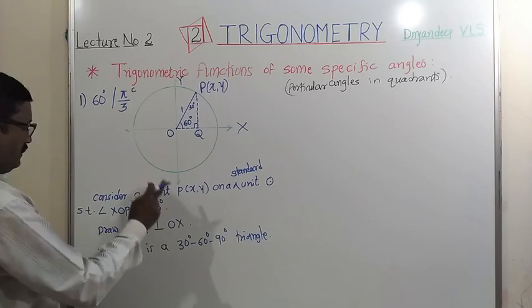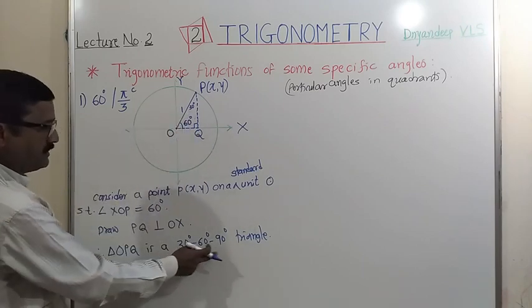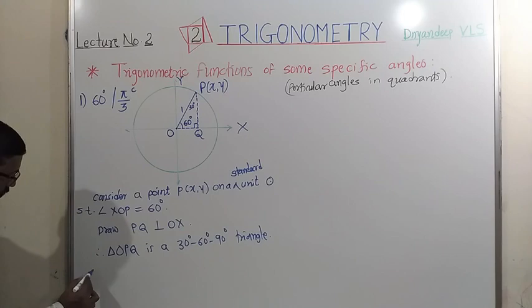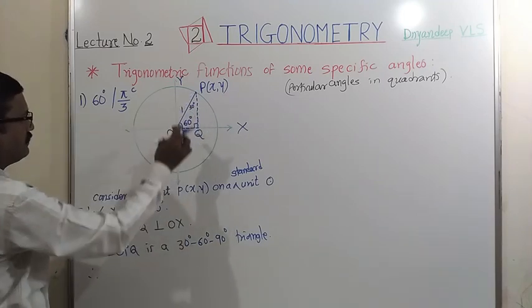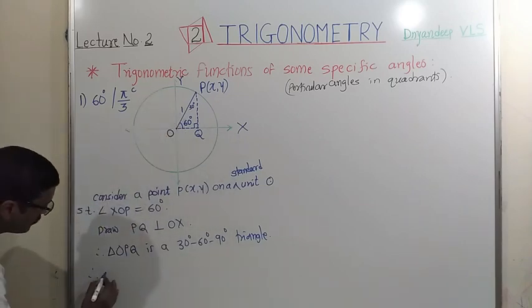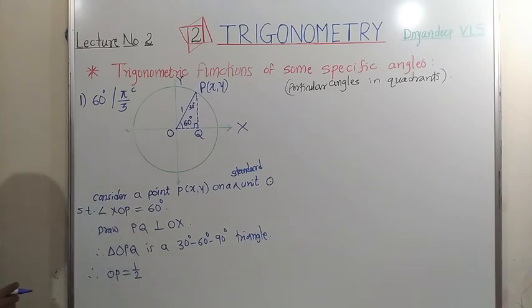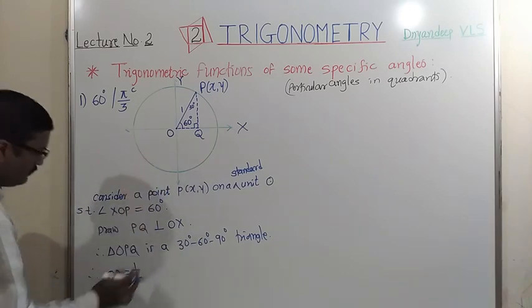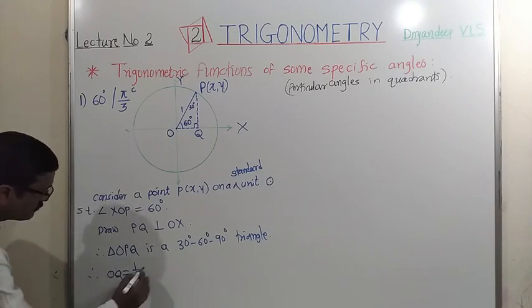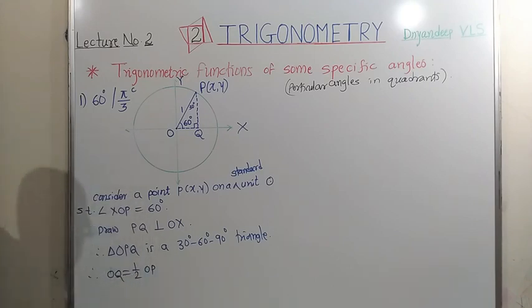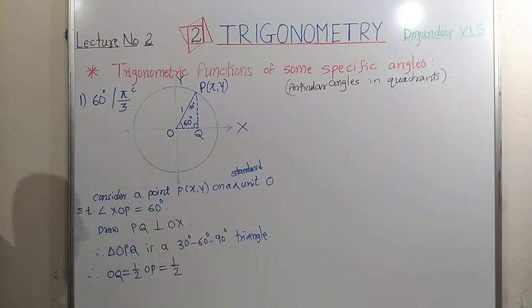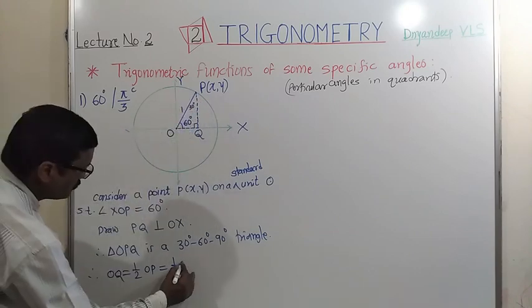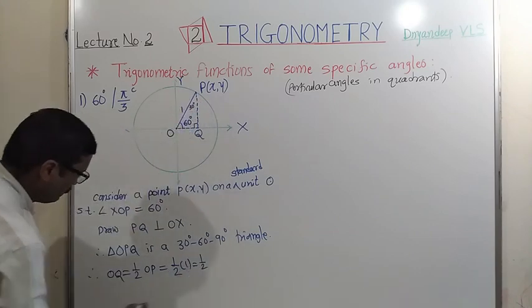Therefore, this triangle OQP is a 30, 60, 90 degree triangle. Therefore, by using the properties of 30, 60, 90, the side opposite to 30 is half of the hypotenuse OP. Therefore, OQ is equal to half of OP, that is equal to half, because OP is equal to 1. So half into 1, that is equal to half.